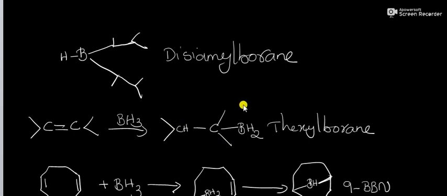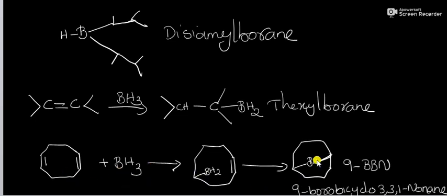And this is again a borane. It is called thexylborane. Thexylborane is much more crowded than disiamylborane and our normal simple borane. So if you make the borane more crowded, it will have more applications in the regioselectivity of reactions.